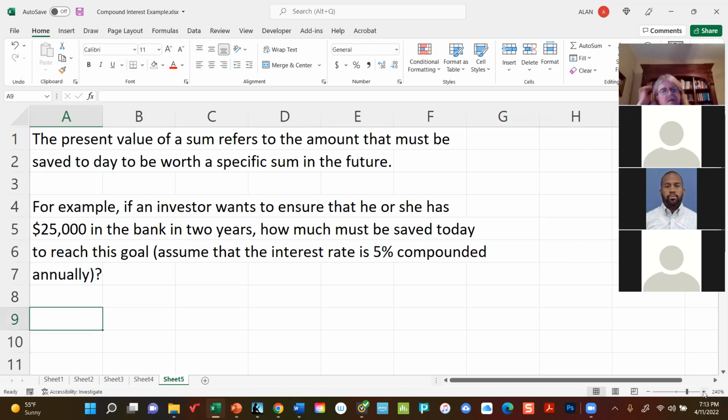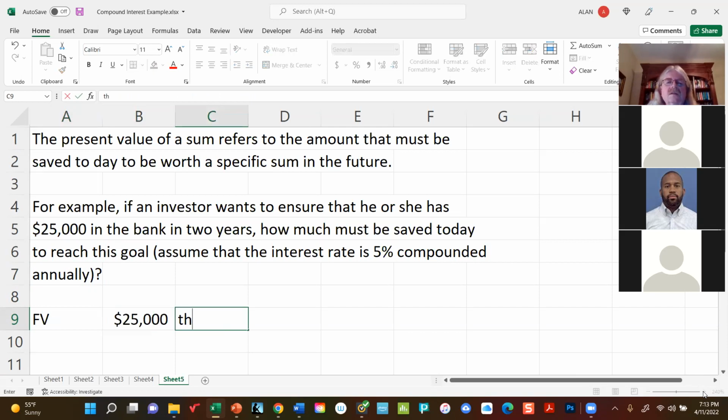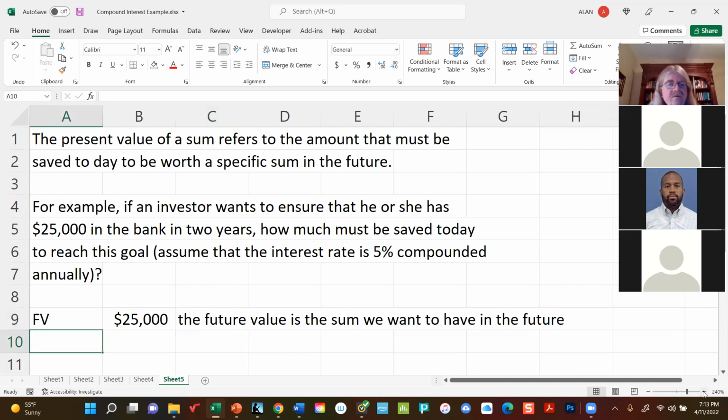All right, so we can use Excel's formula. We know that the amount we want to save is 25,000. That's our future value. So the future value is the sum we want to have in the future. The rate of interest is 5%.